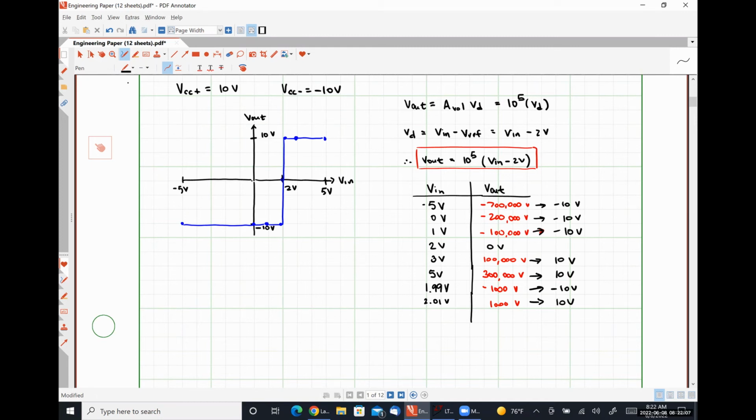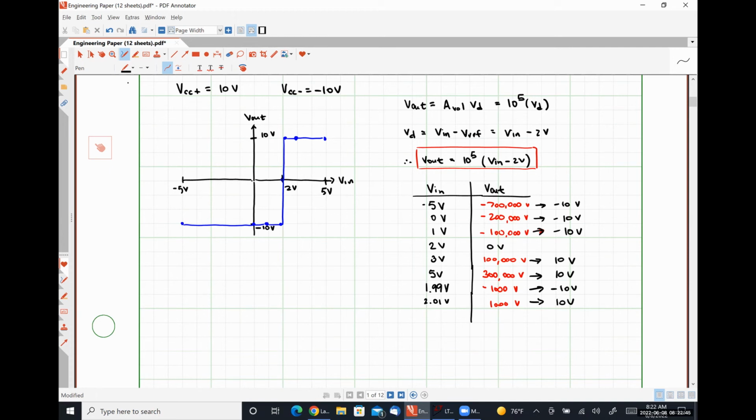For an open loop voltage gain of 100,000 and supply voltages of 10 and minus 10, we did the math here yesterday, or Monday, we found that the linear range was actually from negative 100 microvolts to positive 100 microvolts, which means we will only have linear amplification when our input signal is plus or minus 100 microvolts away from our reference voltage.